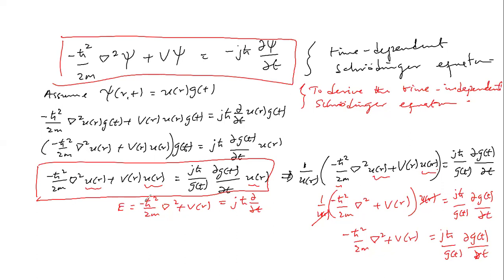And now recall that we made mention in our earlier class that the energy is the same as the sum of the kinetic energy, which is this, and the potential energy. And should we knock off the state function, then we see that this expression is the same as j h cross d/dt.